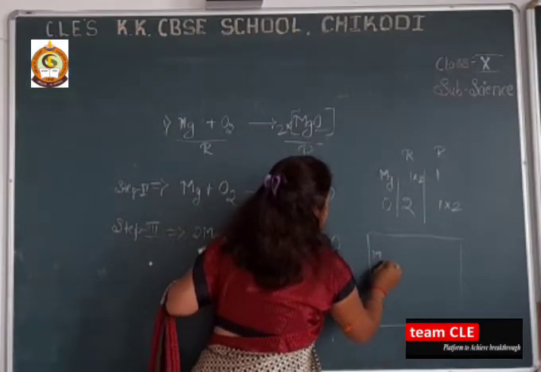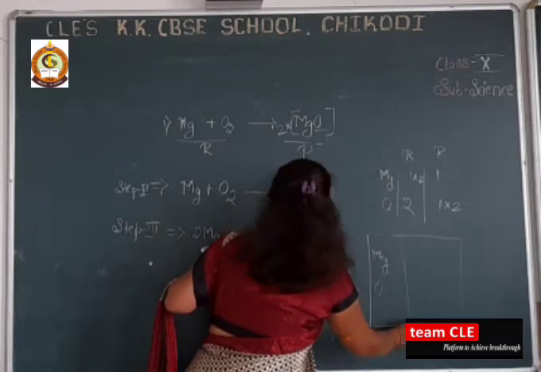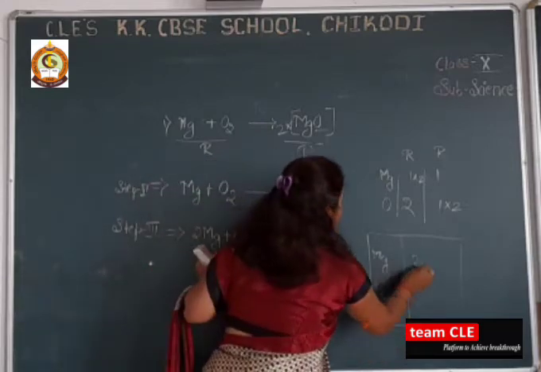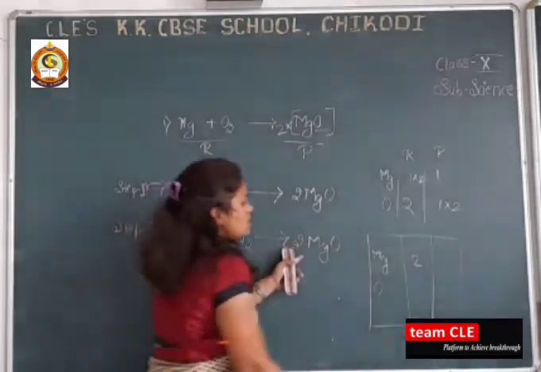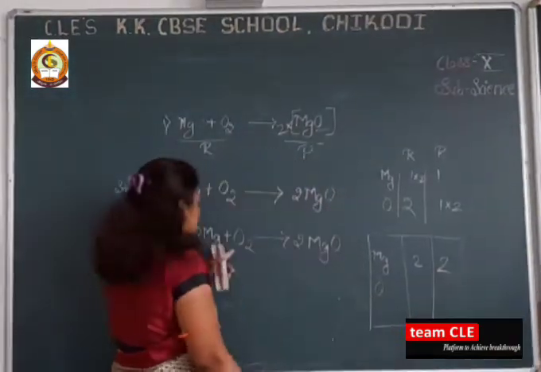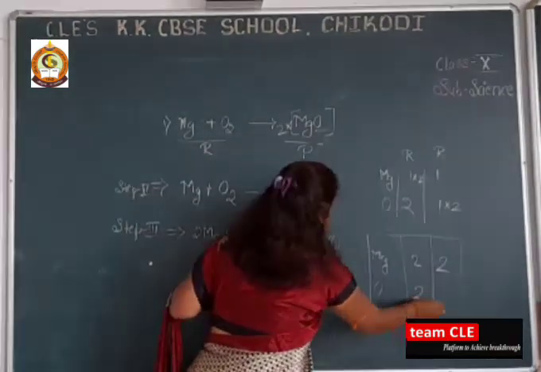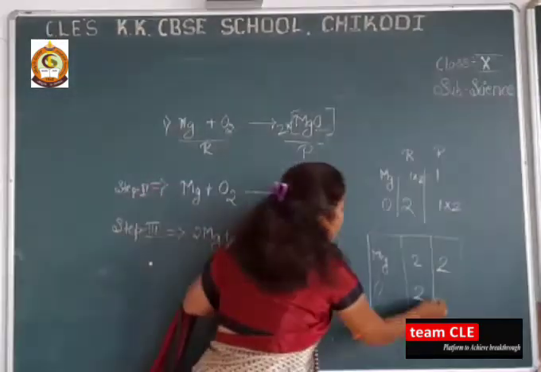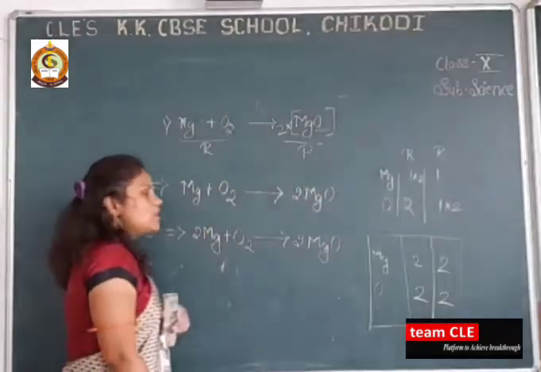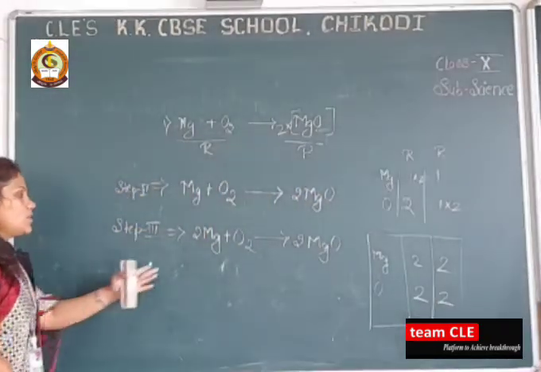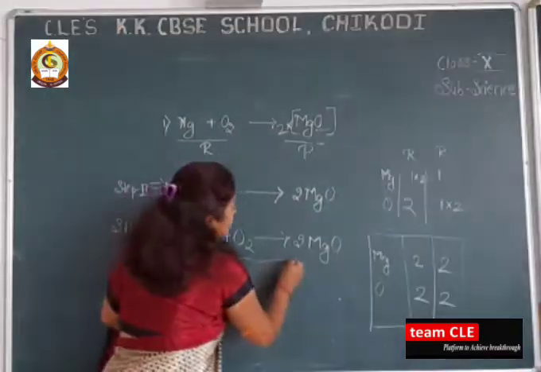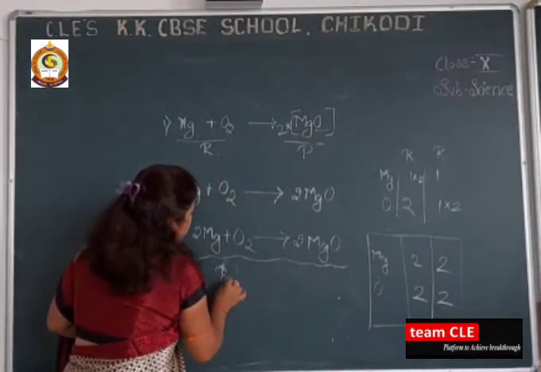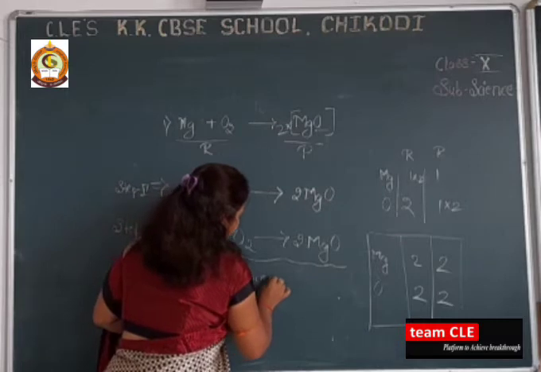Magnesium here is 2, in the product also it is 2, the number of oxygen is 2 and the number of oxygen is also 2. So this is our answer. It is our balanced equation.